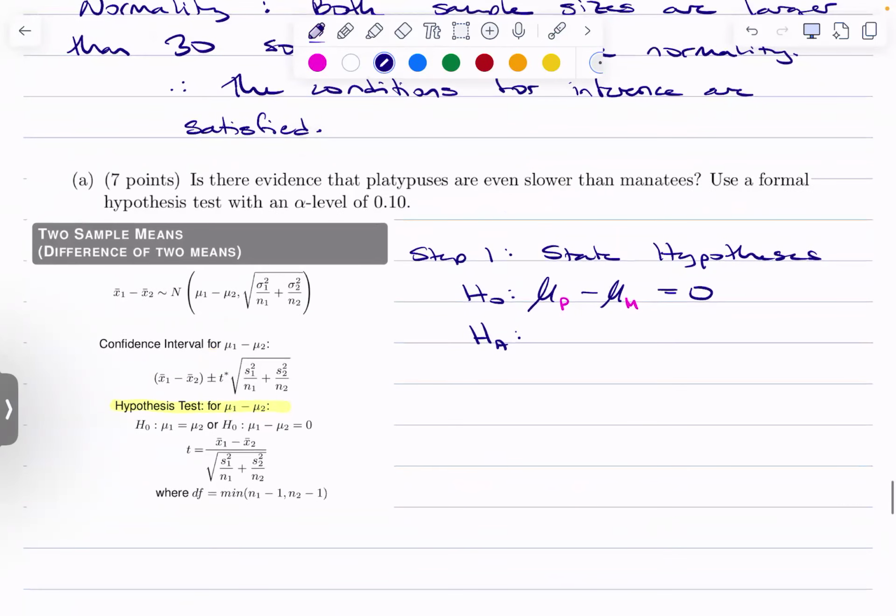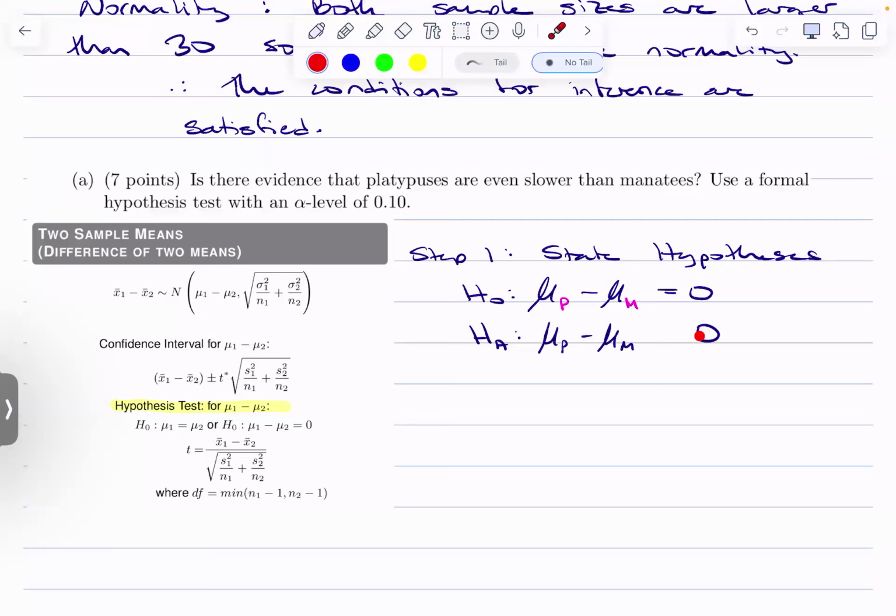For my alternative hypothesis, I have to hypothesize about mu p minus mu m, right? That stays the same. And how does that relate to 0? Okay.